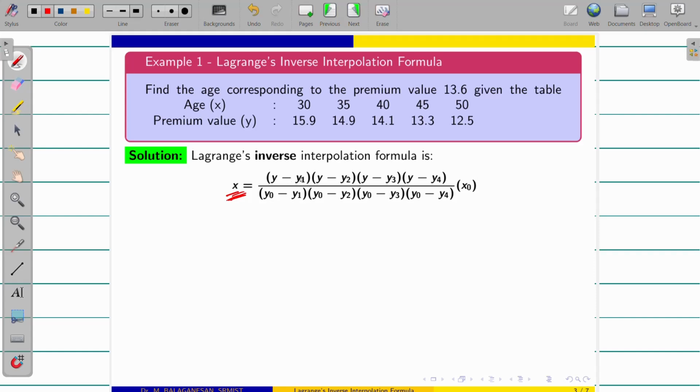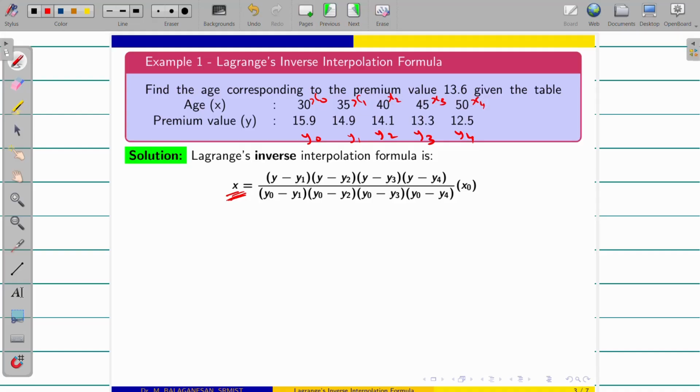x is equivalent to y minus y naught, y minus y2, y minus y3, y minus y4. The values are up to y4 here: y naught, y1, y2, y3, y4. Similarly here, x0, x1, x2, x3, x4.